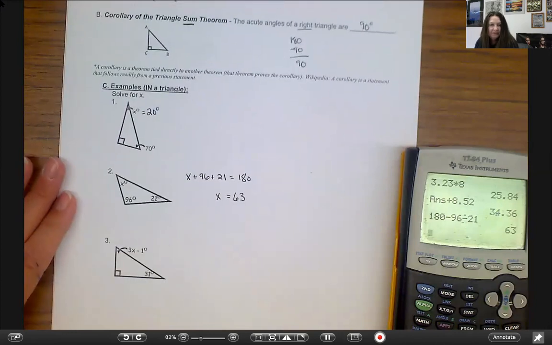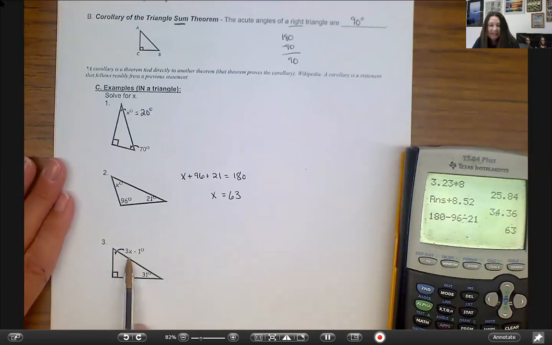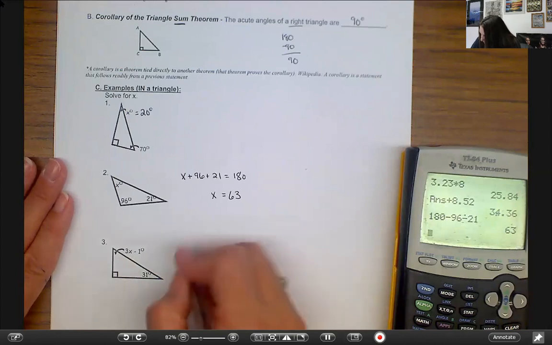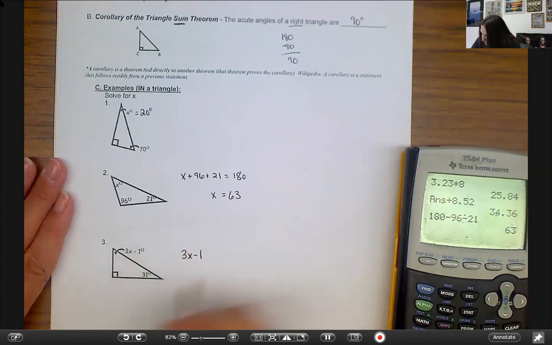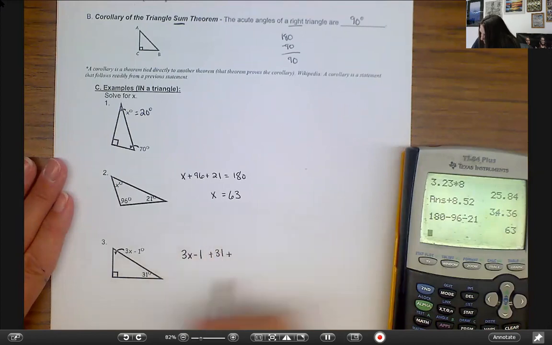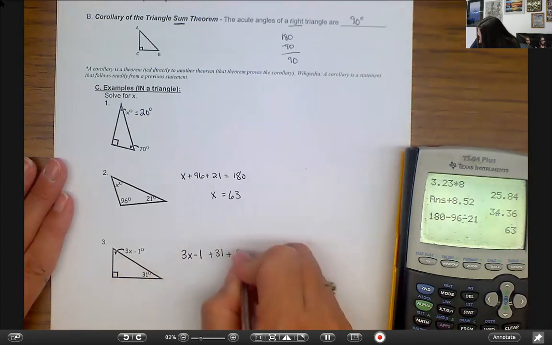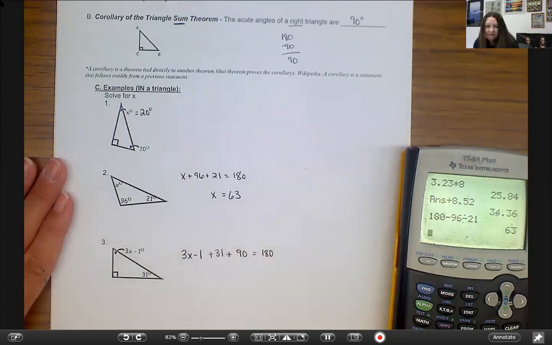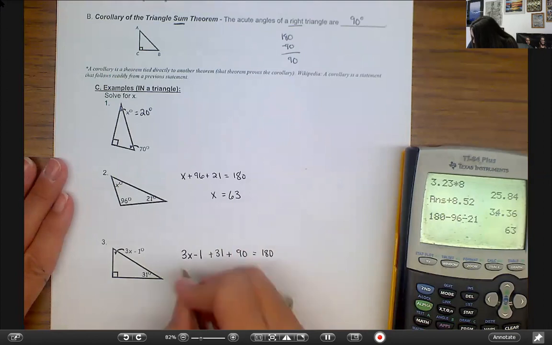As we begin to add in algebraic expressions, this is where it's important that we do write the equation itself. So in this triangle, we have 3x minus 1 as one of my angles, plus 31, plus 90, would equal 180. Now if I were to simplify that, I have 3x.